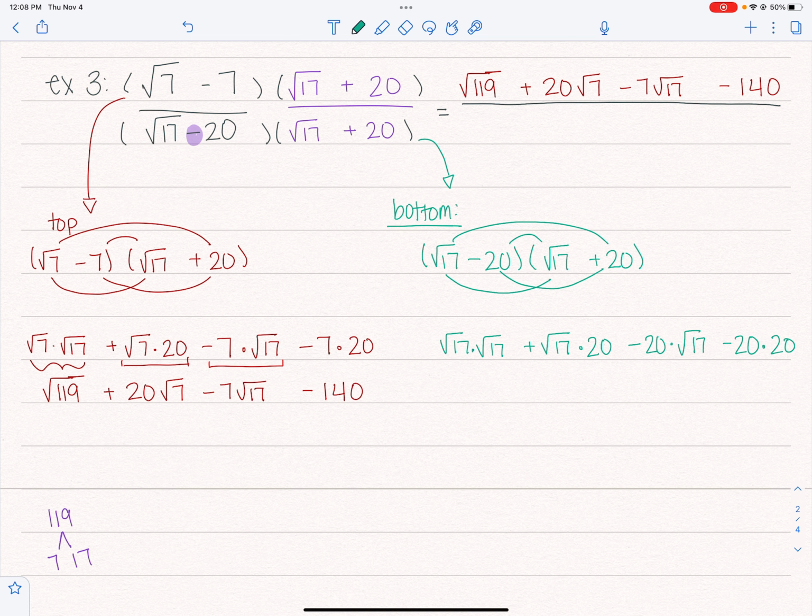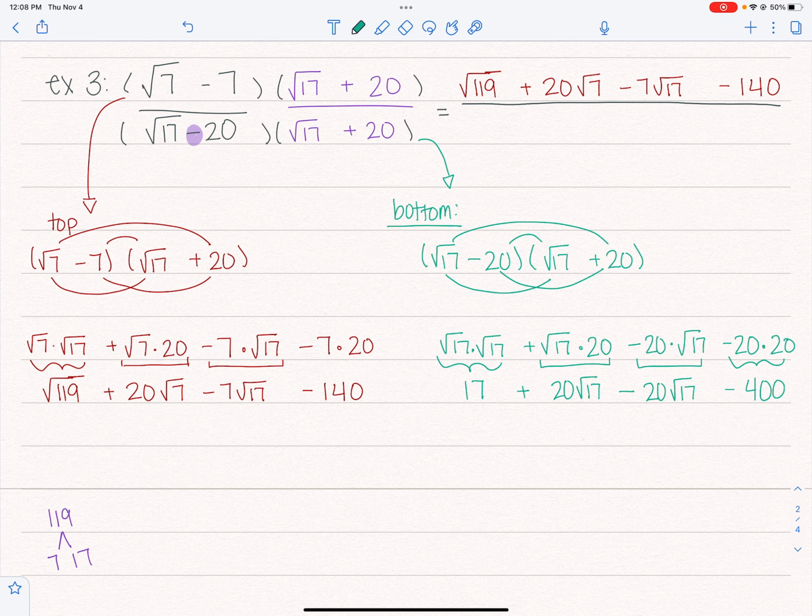All right, I'm going to simplify. The square root of 17 times the square root of 17 is 17. These two, I'm just going to rewrite as 20 square root 17 and negative 20 square root 17. And then negative 20 times 20 is going to be negative 400. Now from there, I can simplify.